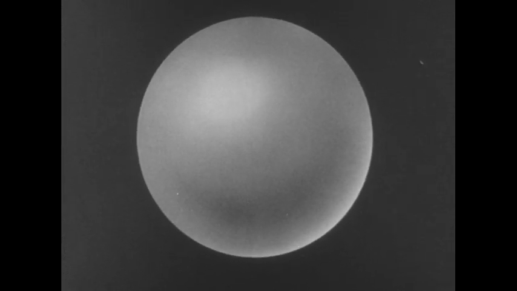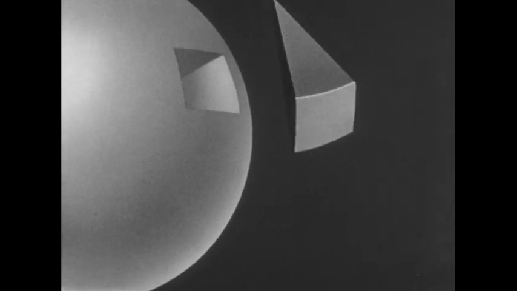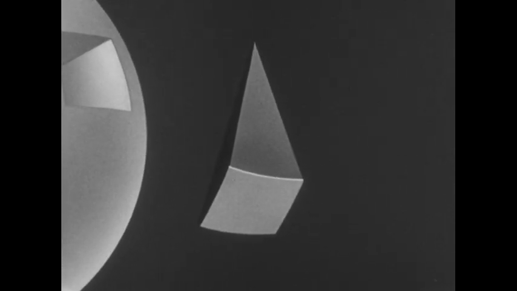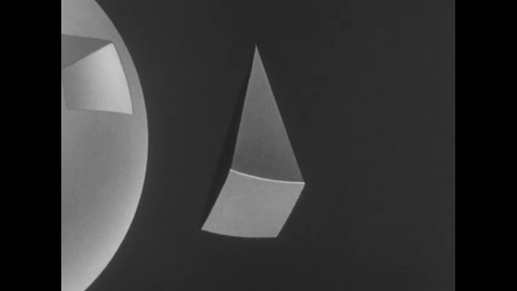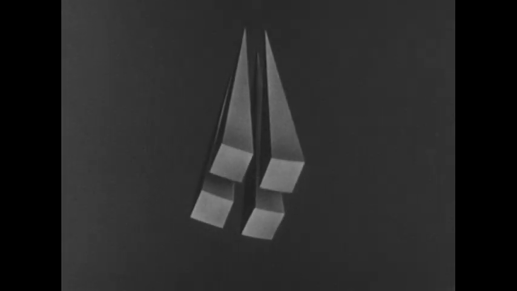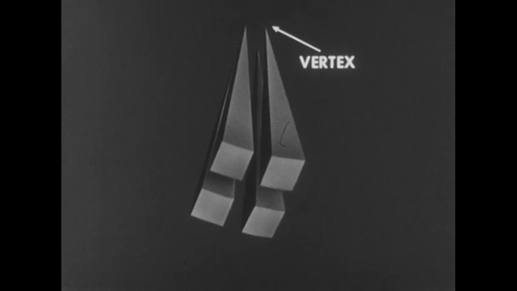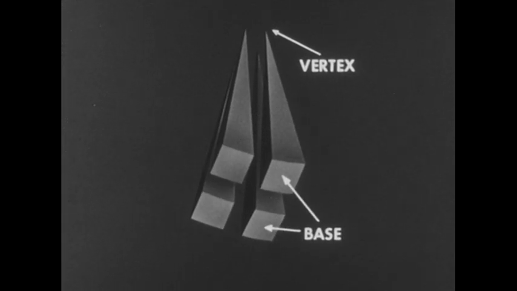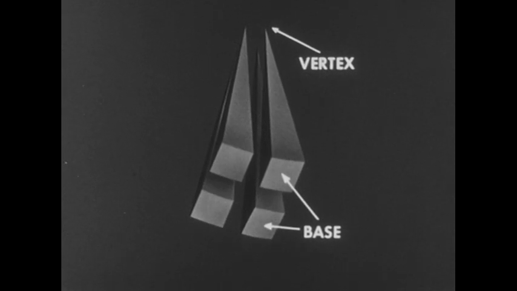To develop a formula for finding the volume of a sphere, let's remove one part and divide that part into a number of small pyramid-shaped pieces. The vertex of each pyramid is, of course, the center of the sphere. The base of each pyramid is a minute portion of the surface.